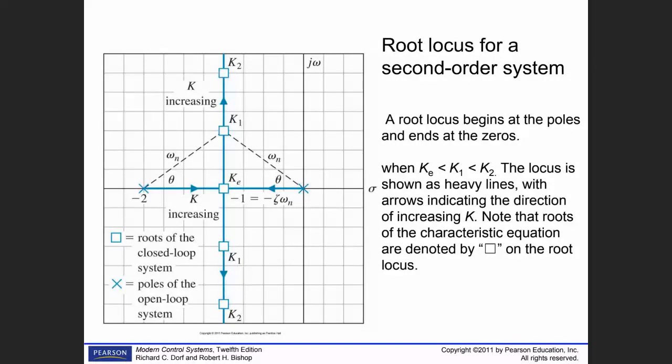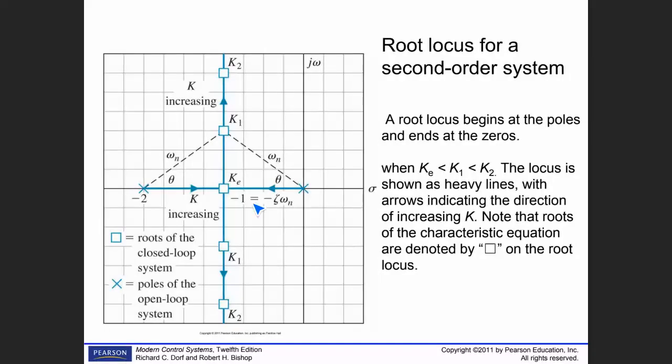It is most likely that K1, which of course is equal to -1, which is equal to sigma. Sigma is minus zeta omega n. This is omega n, by the way. Omega d is not shown here, but that point is omega d.